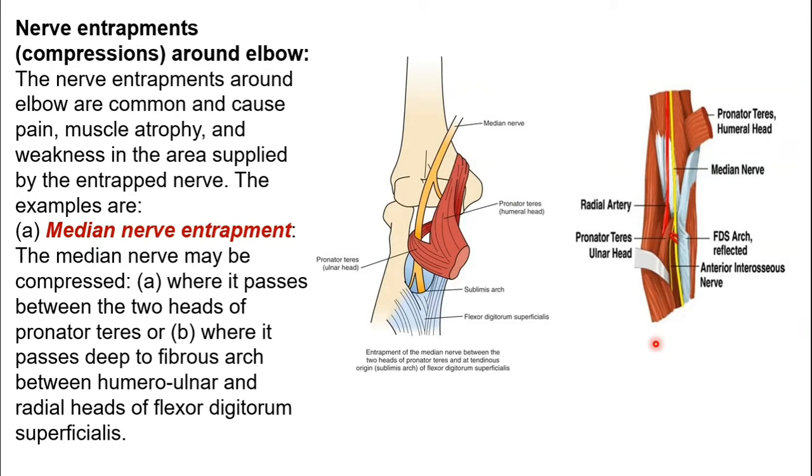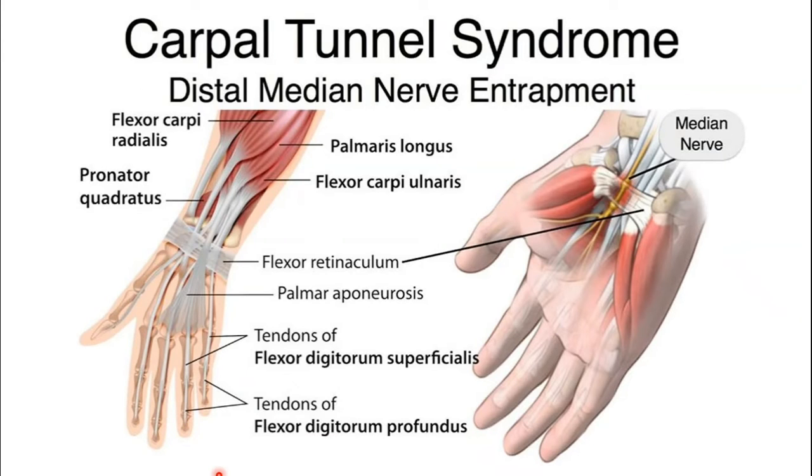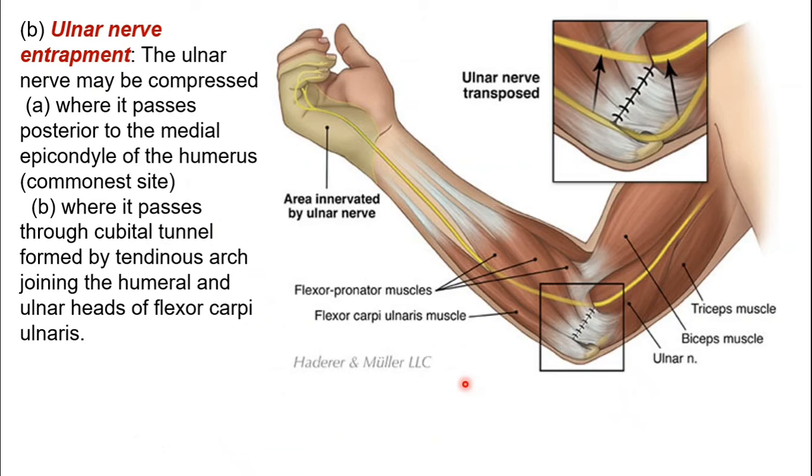And another site of passage: this is the carpal tunnel, and this is the flexor retinaculum, and the median nerve passes below this retinaculum. So when there is inflammation or edema, the median nerve is compressed here in the carpal tunnel, giving rise to carpal tunnel syndrome.